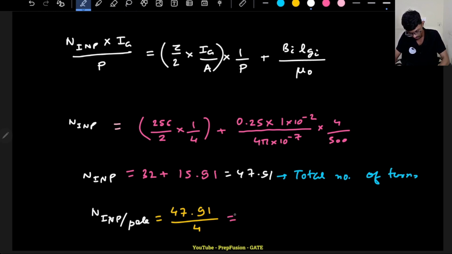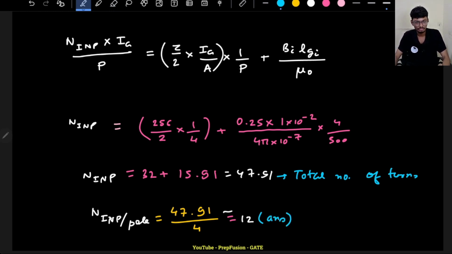So this will be roughly equals to 12. So 12 will be the answer in this case.